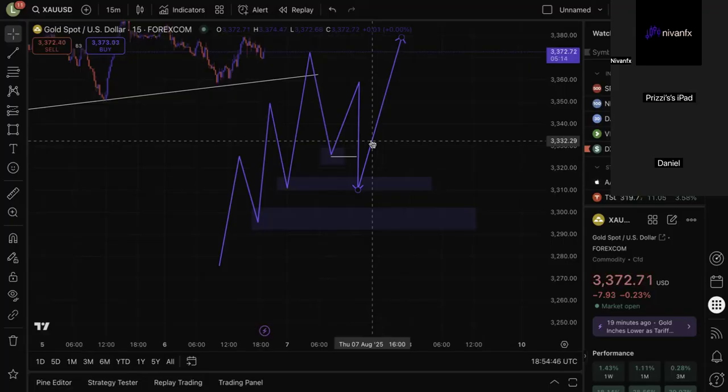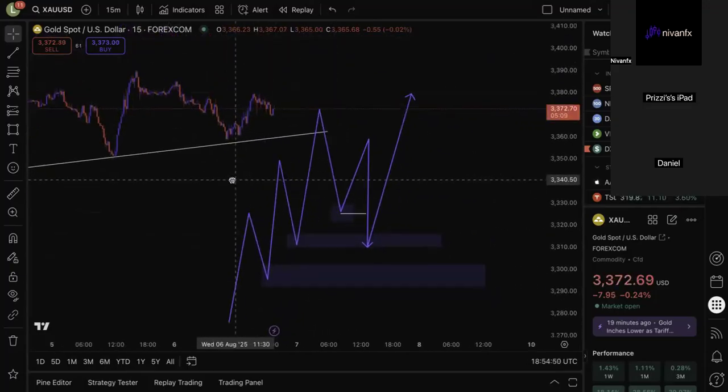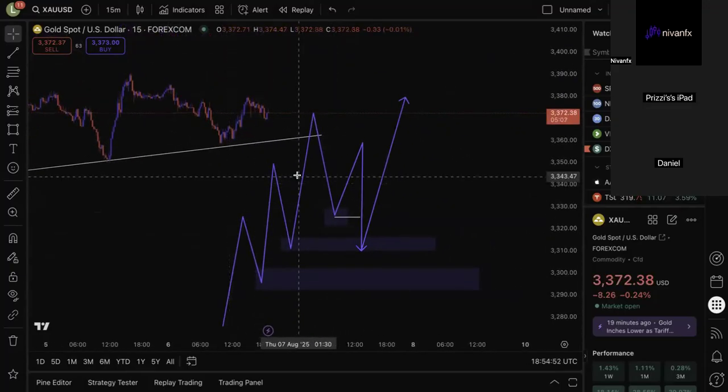So now remember what I said about the order block. A bullish order block is the last red candle to form before the break of structure or change of character. You understand?